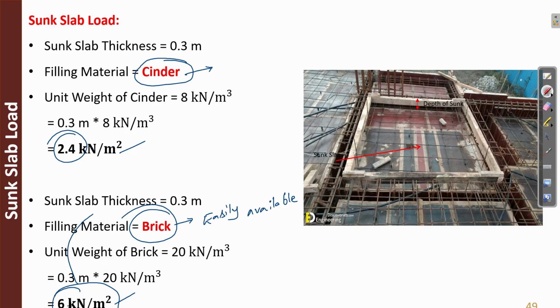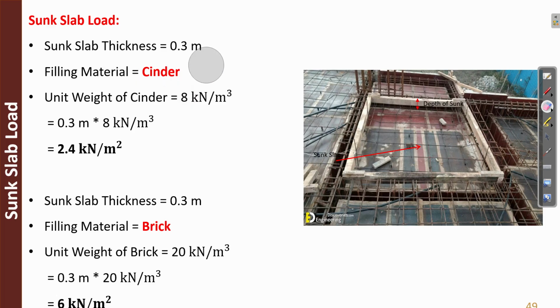You design it for higher loads, and they may be using the lighter materials. I have seen brick bat used as filler material for sunken slabs because it is easily available.